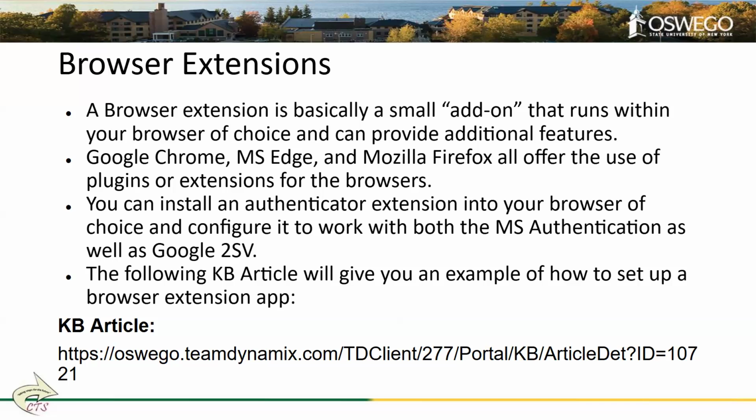So Google Chrome, Microsoft Edge, which is very Chrome-like now, Mozilla Firefox, all of these browsers give you the ability to use plugins or extensions within them, including an authenticator extension that you can connect. And this will work for both Microsoft MFA and Google MFA.